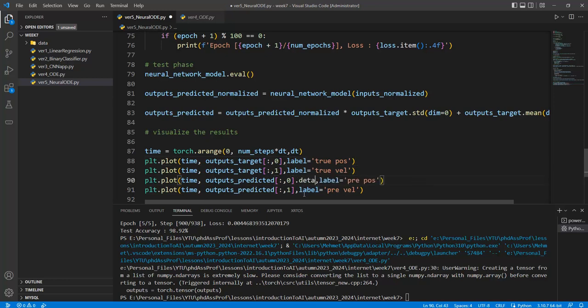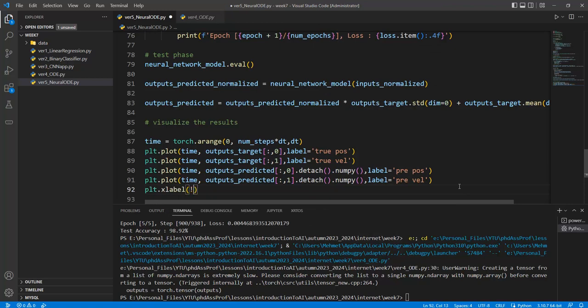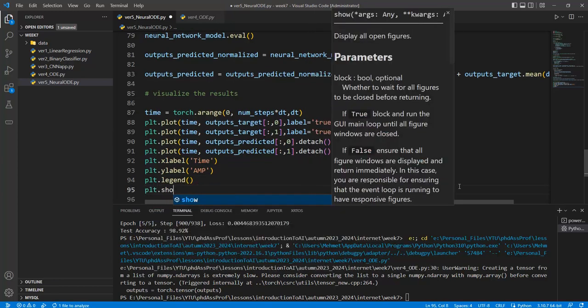But we have the detach and numpy in here, we should give that because it's a tensor. Output predicted, and after that plt xlabel is time, and ylabel is amplitude, and plt legend and plt show.